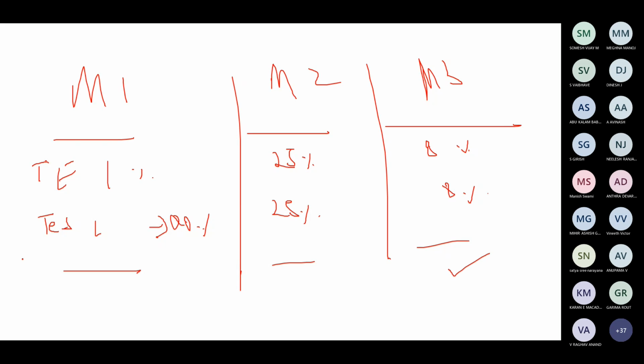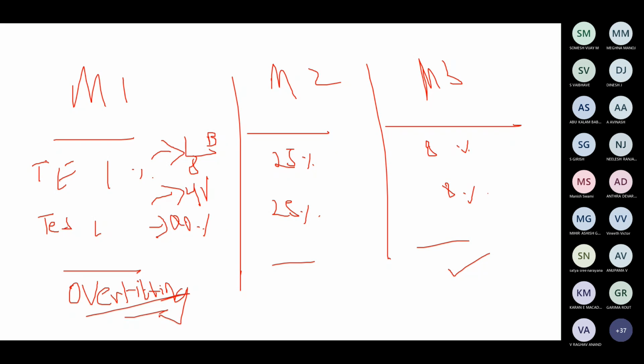Very good model. Model 1 is an example of what? Overfitting, sir, because of the 20% test error. Exactly. Why? The training error is low, so low bias, and the testing error is 20%, high variance. So low bias and high variance is overfitting. Yes or no, students? Now model 2.